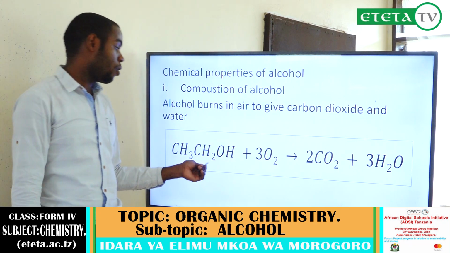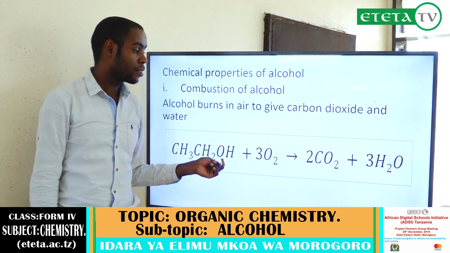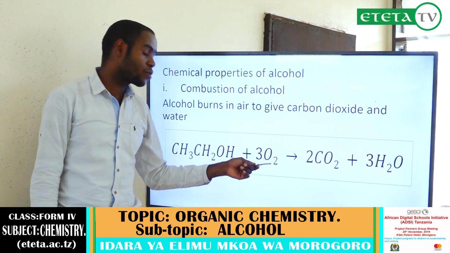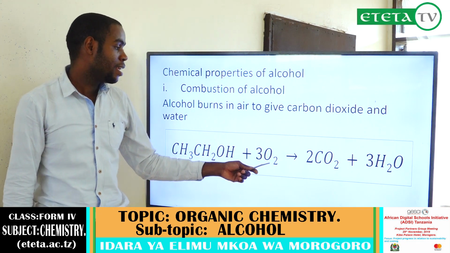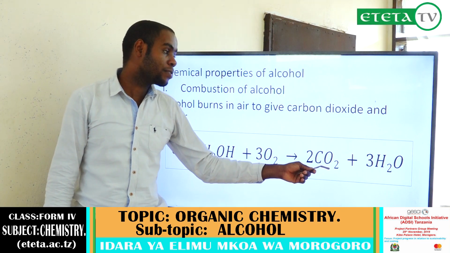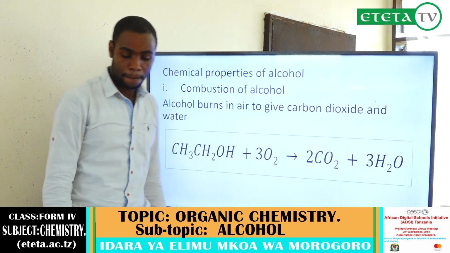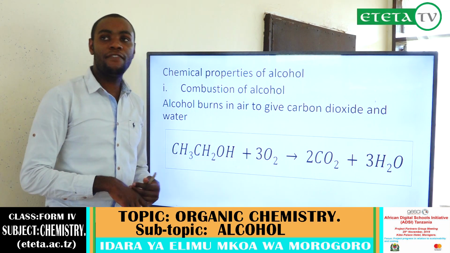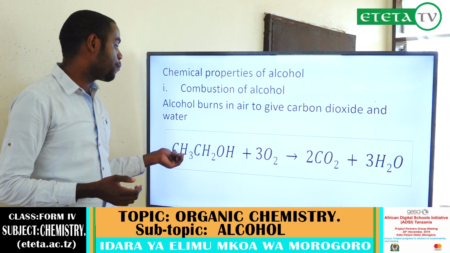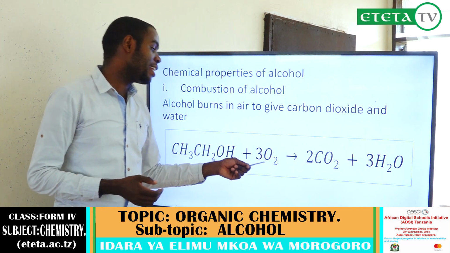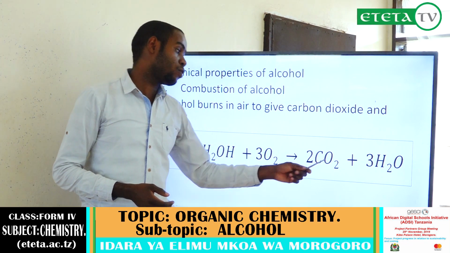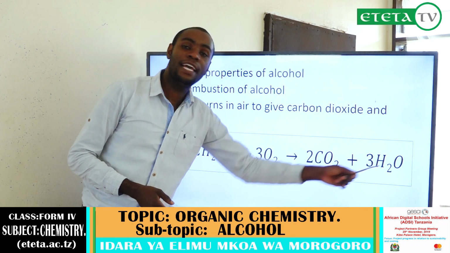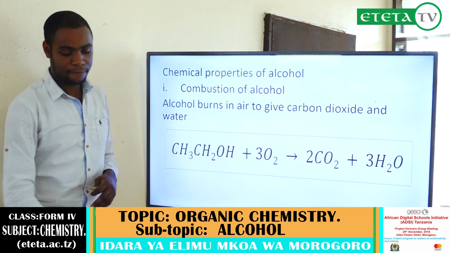If you take alcohol, for example ethanol, and burn it in the presence of oxygen gas, the products are carbon dioxide and water. Any alcohol, even butanol or decanol, if you burn it in the presence of oxygen gas, produces the two products carbon dioxide and water.